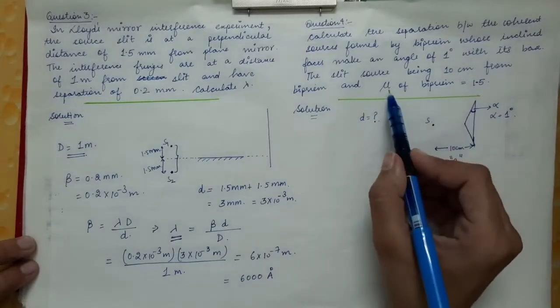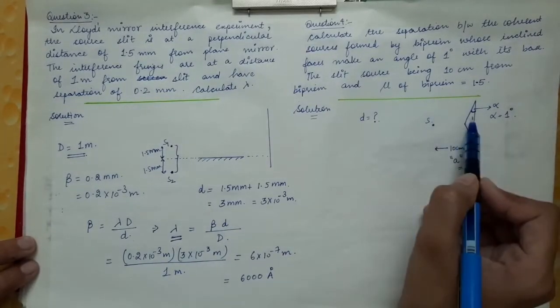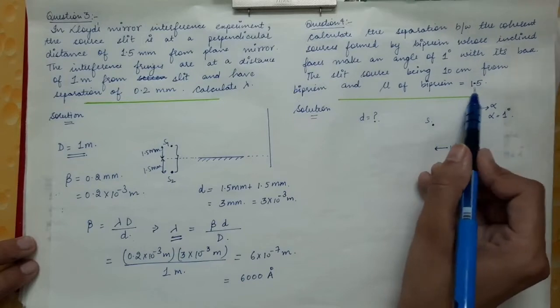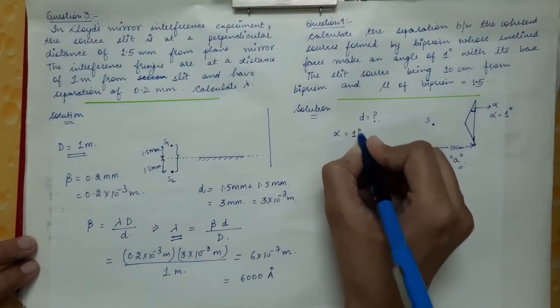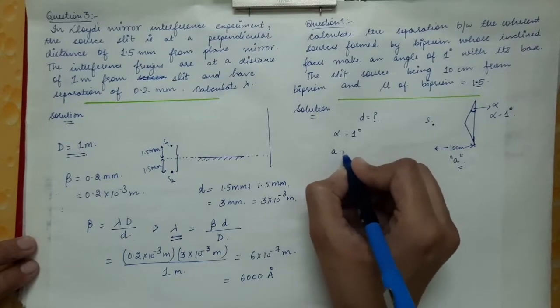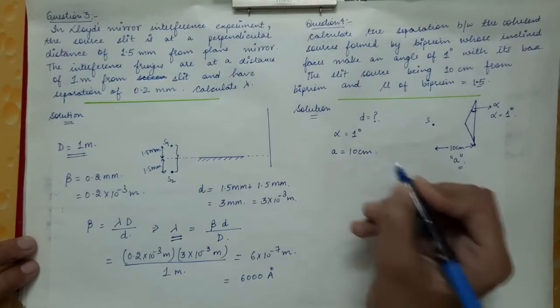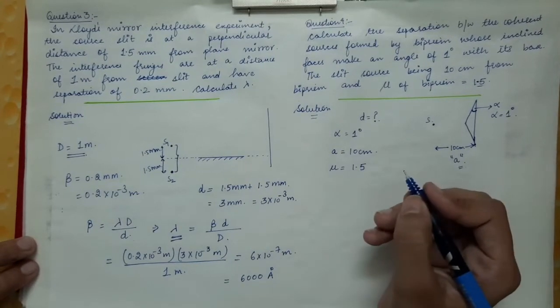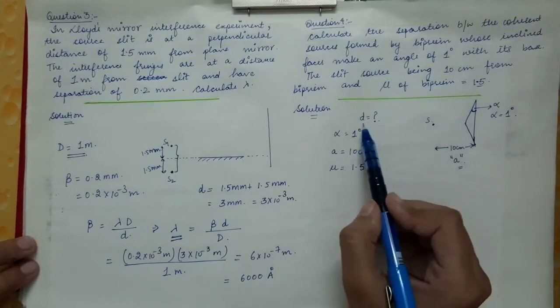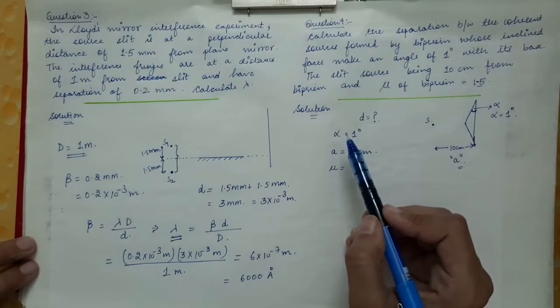And we are given the refractive index of the material of the biprism, which is equal to 1.5. So we are given alpha is equal to 1 degree, small a is equal to 10 centimeter, and mu is equal to 1.5. And we are asked to find the separation between the two coherent sources.